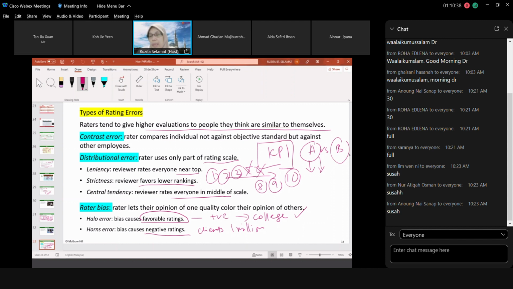Katalah satu topik, ada banyak dia punya sub topik kan. Kalau katalah topik tu Horn's error, then saya akan lukis lah Horn's error, buat gambar Horn, kan, tanduk. Then you can easily remember, because we remember better kalau ada visual tu, kita tend to better remember.